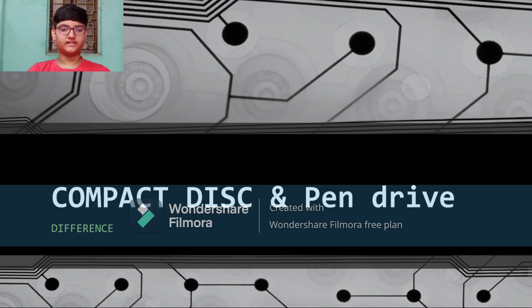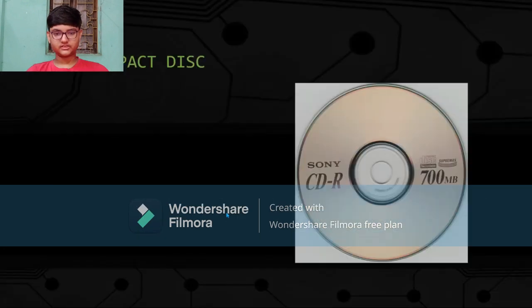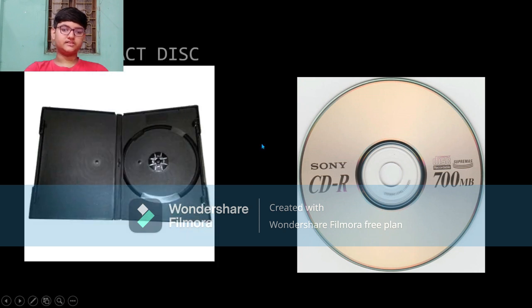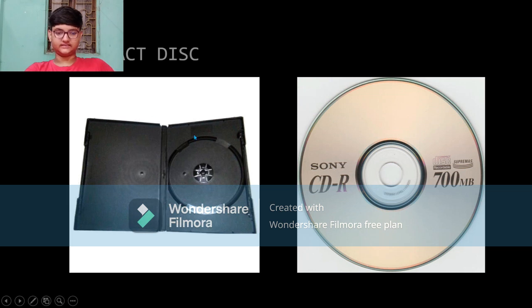So, compact disc and pen drive difference. This is the picture of a compact disc. This CD is from the Sony company, and you can see it is round shaped. And this is the picture of the case of this CD.